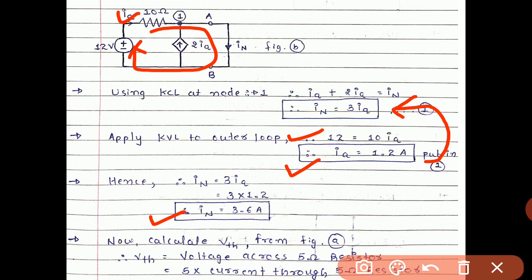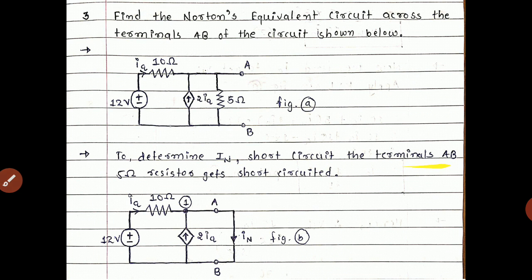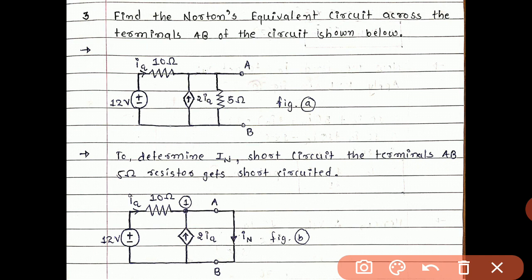Now we calculate the value of VTH from figure A. First of all we recall figure A. VTH means the open circuit voltage between A and B. So the voltage across the 5 ohm resistor is nothing but VTH.